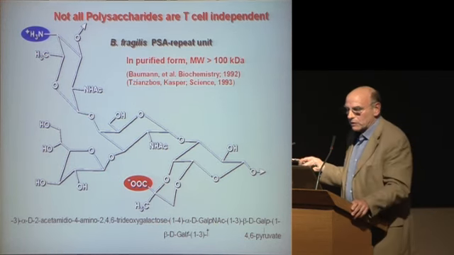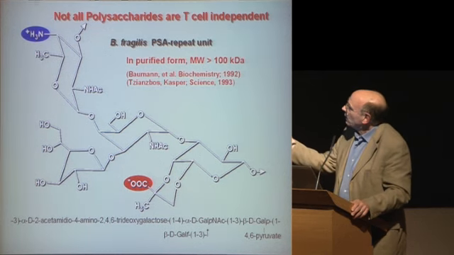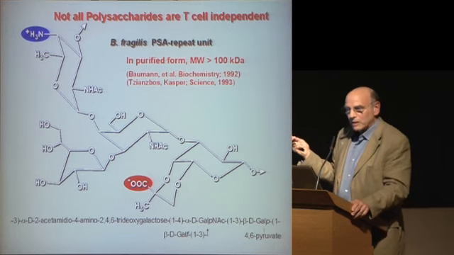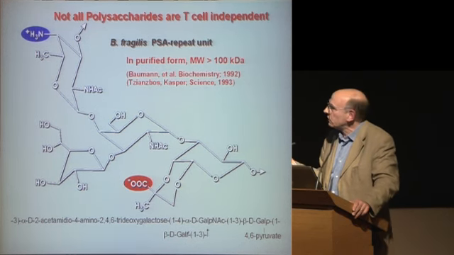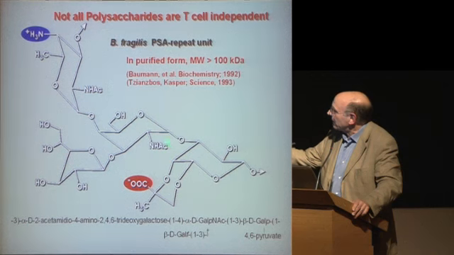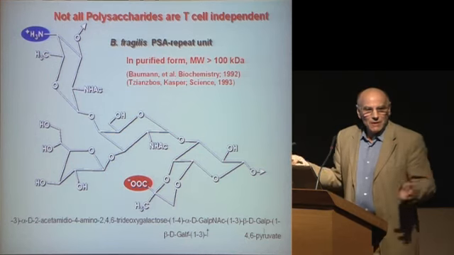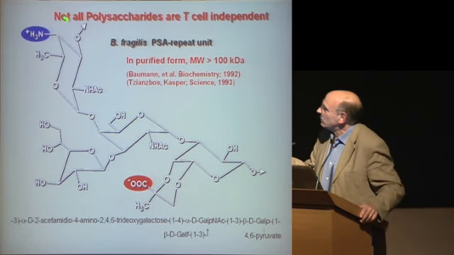Another striking characteristic of this polysaccharide was that it had a free amino group on this sugar. When bacteria, and in fact when eukaryotic cells make amino sugars, we N-acetylate them, like here and here. But this organism actually synthesized this polysaccharide with a free amino group here.